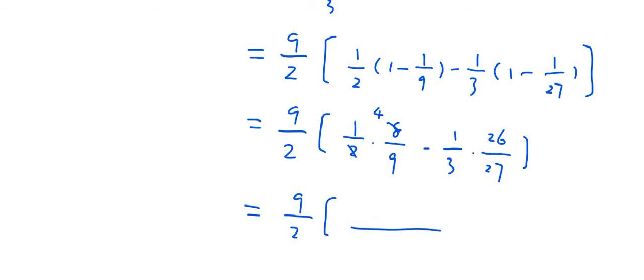So we use 81, here 26, here you multiply 9. Then this becomes 5 over 9.